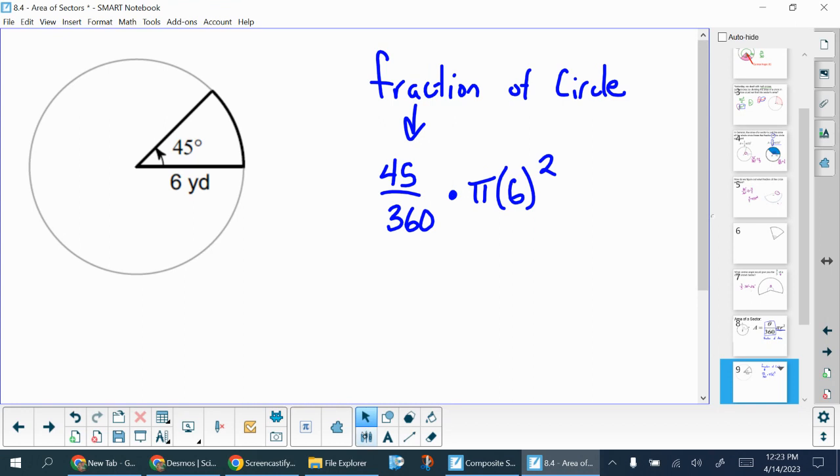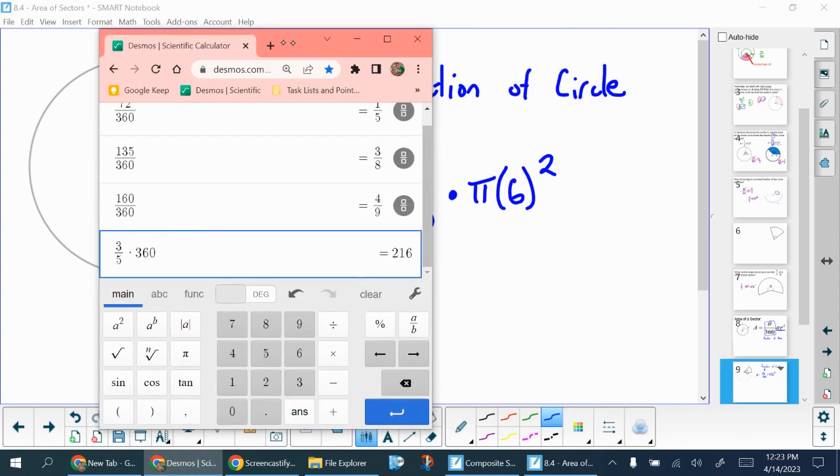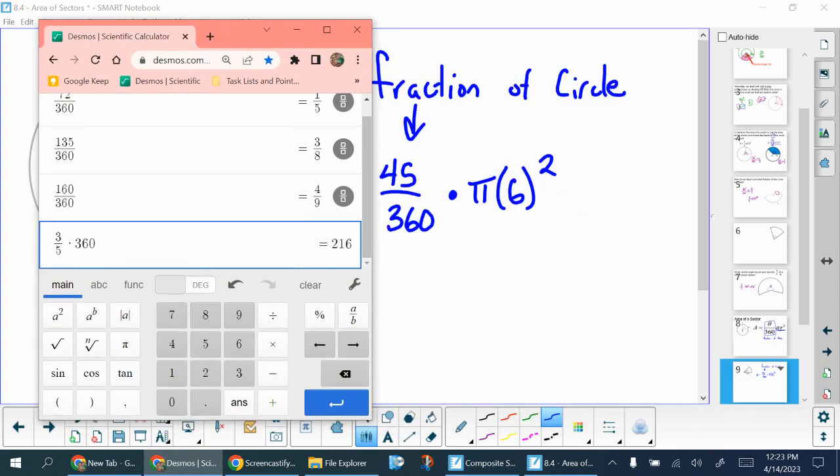I could start by simplifying this all by hand if I wanted to, but this is also a place where I could just take a calculator like Desmos and start typing this in. 45 over 360. Make sure you arrow over so you're not in the denominator anymore. Times pi times 6 squared. And that will be my area.